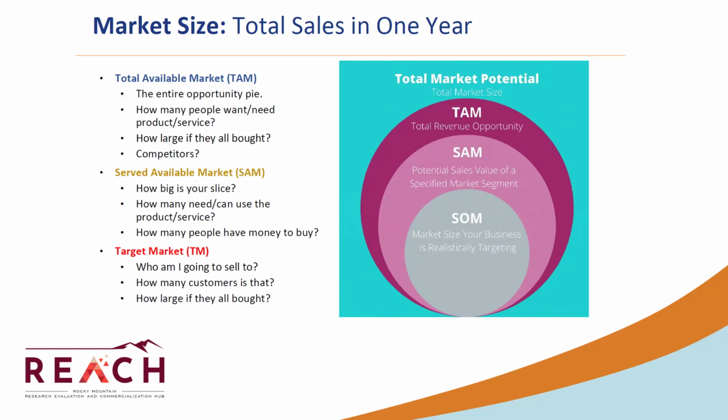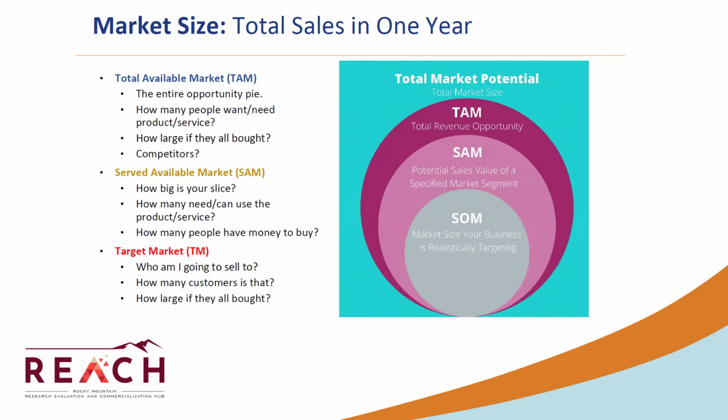And then finally, you want to narrow it down to your target market, or your TM, which is the market size that you can realistically serve. So if 10 million people have the issue that you're trying to provide a solution for, likely because of regulatory framework, funding, and other things, you probably are not going to be able to serve that market realistically, right?